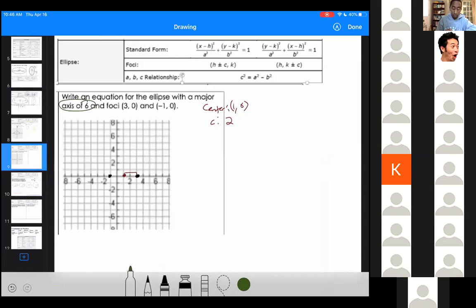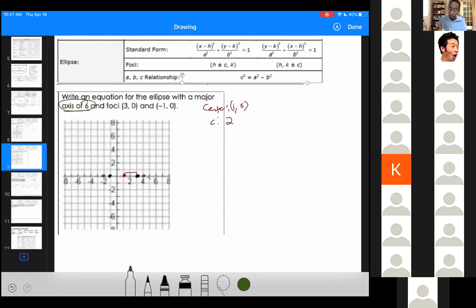So our major axis has to be horizontal because our foci are horizontal. It can't be vertical. You have to remember the relationship between all of these things and put it together. Because the major axis is 6, we'd have 3 to the right and 3 to the left. 1, 2, 3. 1, 2, 3. So these are our vertexes, the ends.